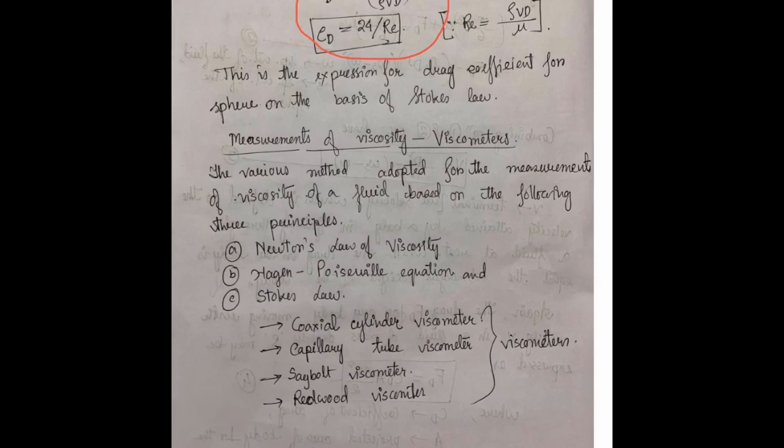If you put these two values in equation 4, then we get Cd equals 24 mu divided by rho V d. Again, we know that Reynolds number is equal to rho V d divided by mu. So in place of this, we can write Re. So this equation becomes Cd equals 24 by Re, 24 by Reynolds number. This is the expression for drag coefficient for a sphere on the basis of Stokes law.